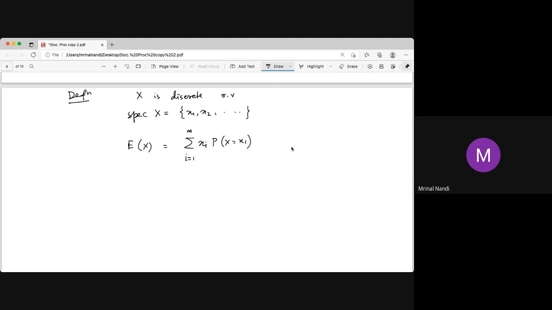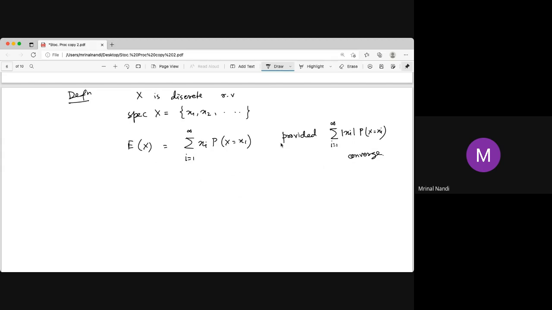You can define the expectation like that provided you have an extra condition: that the summation of mod of xi times probability of xi must converge. Once this series converges, it is absolutely convergent.